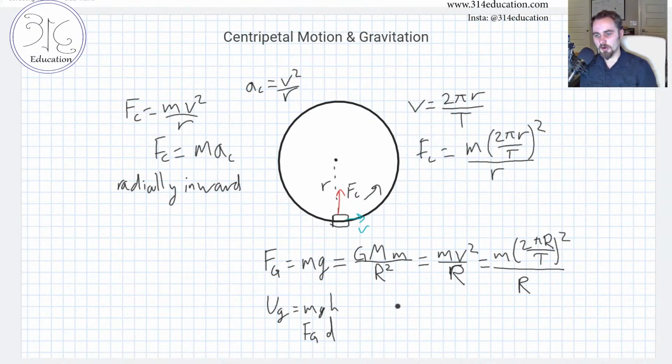But on the larger scale, it's going to be a radius r. And so on the large scale, our gravitational potential is going to equal our gravitational force, so this big guy, times a distance r. And so that's going to cancel out with one of the r's on the bottom, giving us just GMm over r of our two different masses.